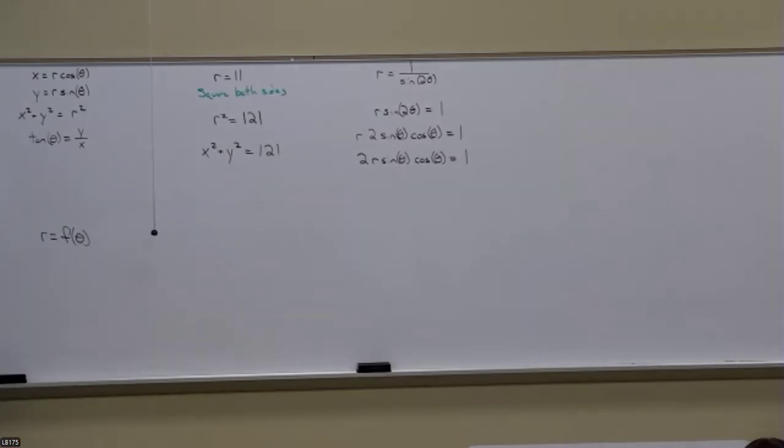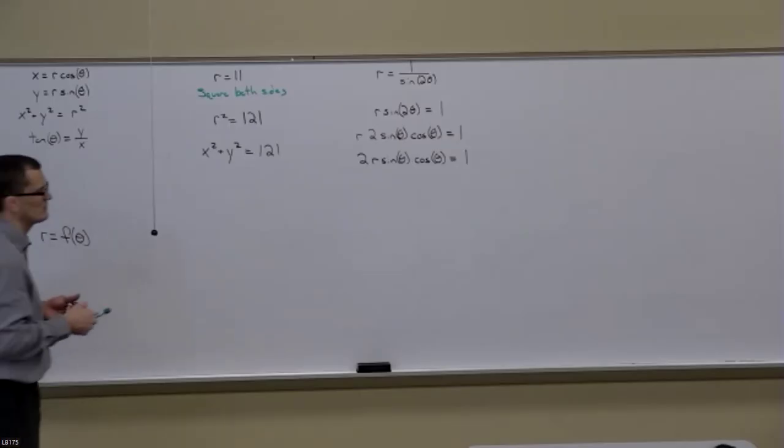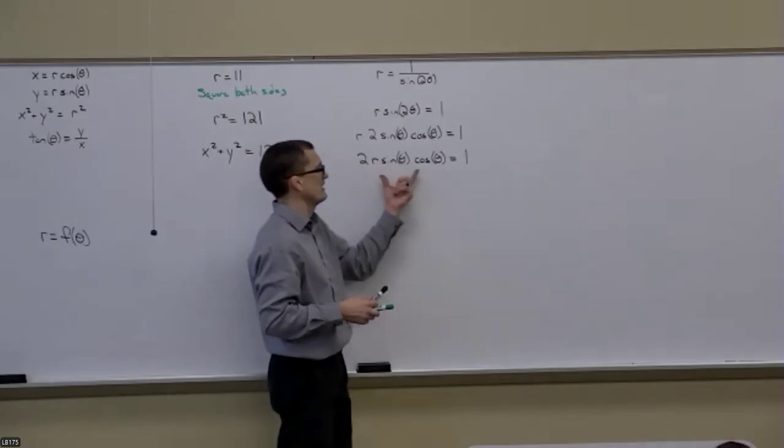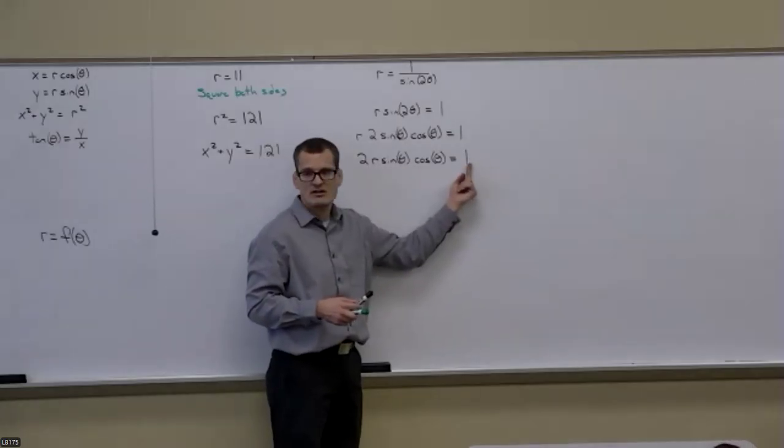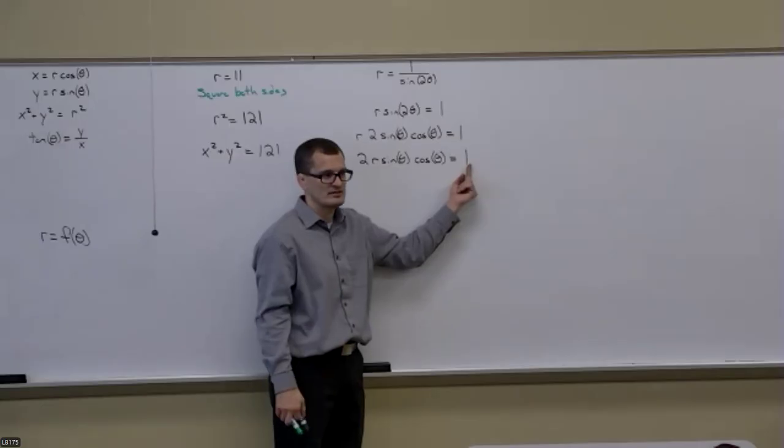So I have one r that I can pair with sine, but I don't have another r that I could pair with my cosine. What would happen if I multiplied by r on both sides? If I multiplied by r on both sides, I'd get the r I needed on the left, but then I'd have this extra r on the right that I can't get rid of easily.